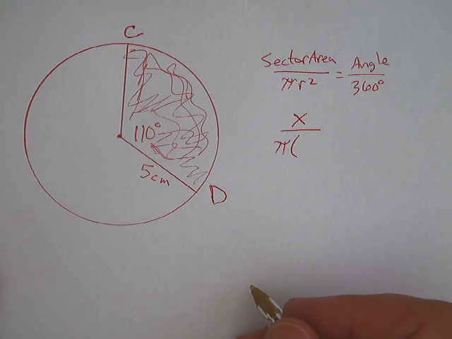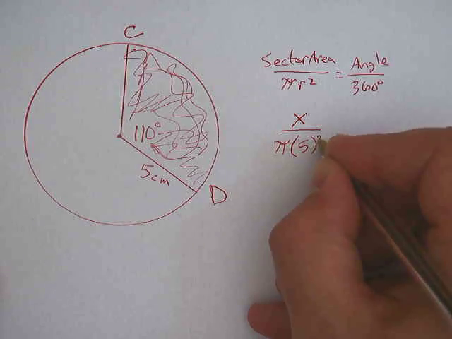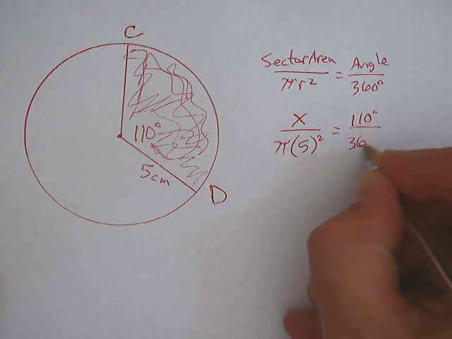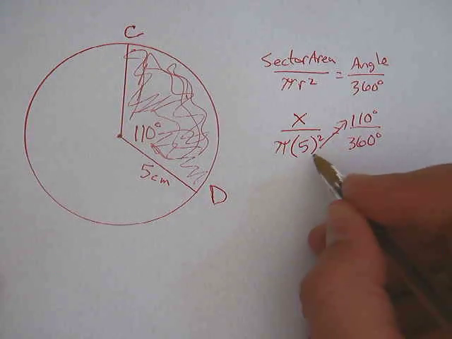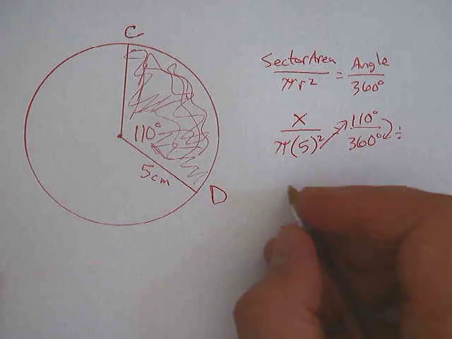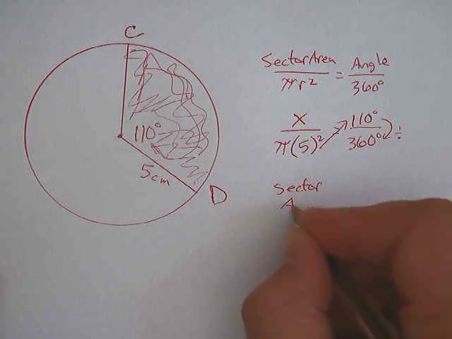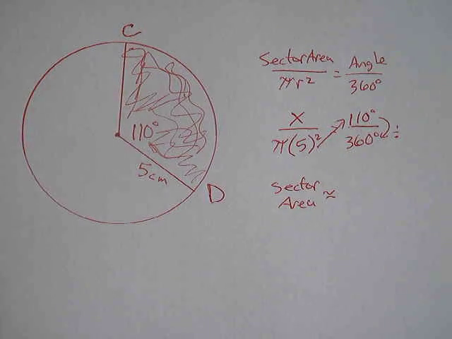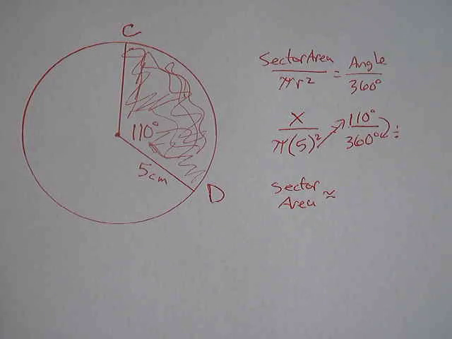So let's say the radius is 5 centimeters. That's a real small slice of pie, but that's okay. And our angle is 110 degrees over 360. Now to solve this, I'm going to cross multiply, take pi times 5 squared times 110, and divide it by 360. And that's going to give me the area of my sector, or x.